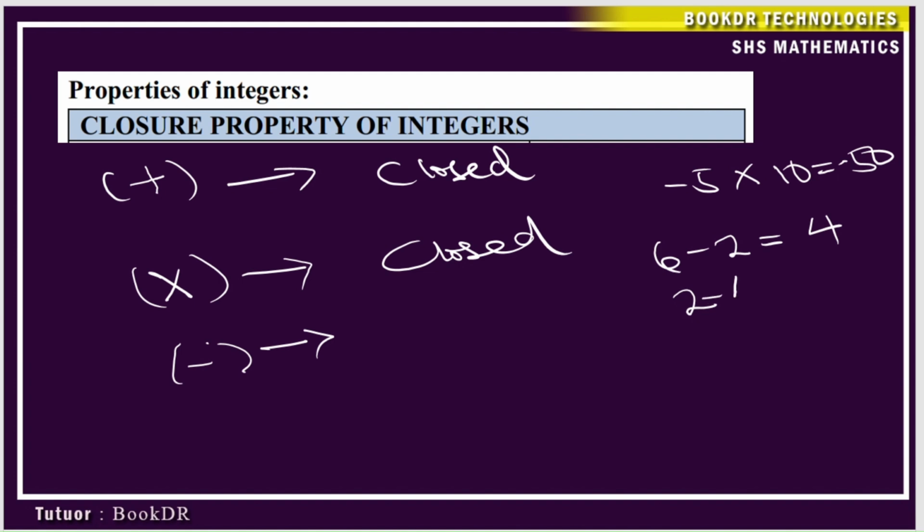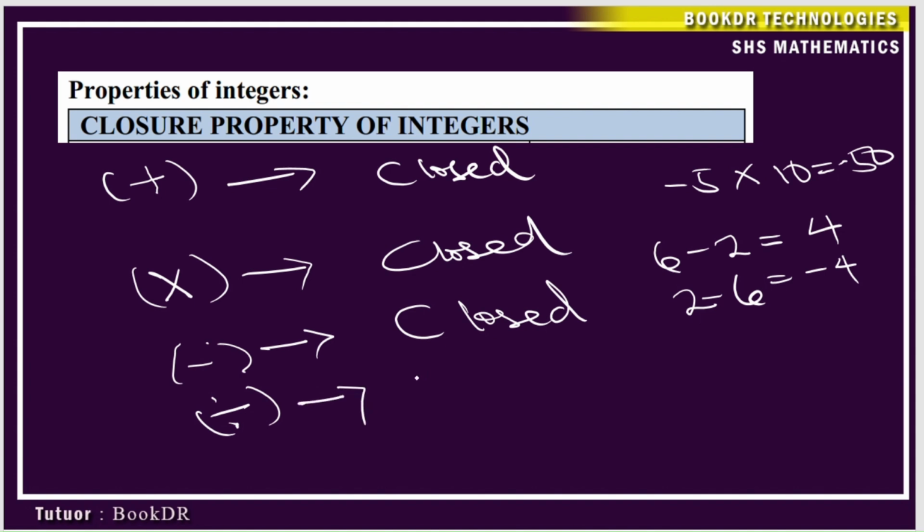And 2 minus 6, the result is negative 4. Negative 4 is an integer. And as such, subtraction is also closed under integers. The last operation we shall look at is division.